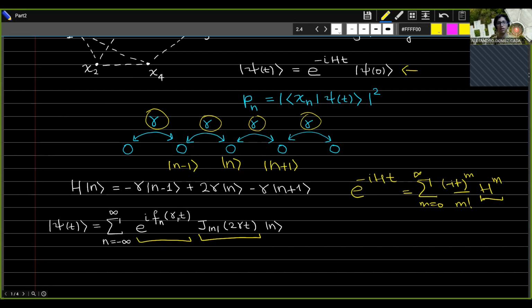But that's not actually very important for what we need, because the probability of state n is given by this.